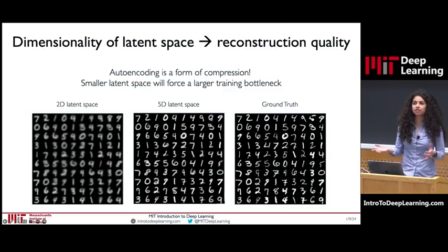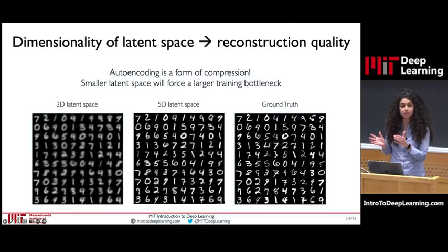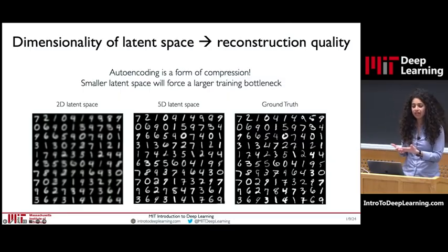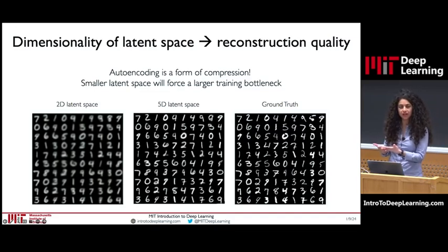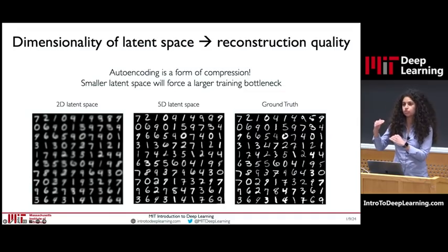So when it comes to this earlier question of what's the dimensionality of this space z, it turns out a really good way to think about this is this notion of orthogonality and also of memory bottleneck and compression. Depending on how big you choose that latent space, that encoding, to be, the quality of your reconstructions and the quality of the generations you can get out is going to be different.